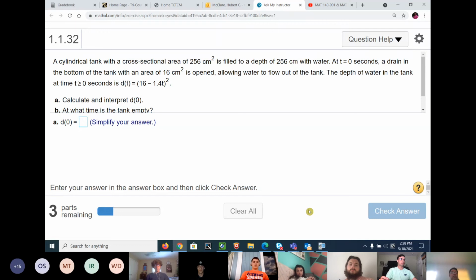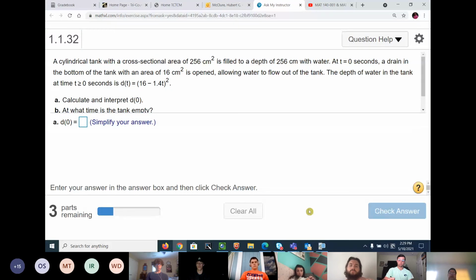A drain in the bottom of the tank with an area of 16 centimeters squared is open, allowing water to flow out of the tank. The depth of the water in the tank at time t is 16 minus 1.4t quantity squared.